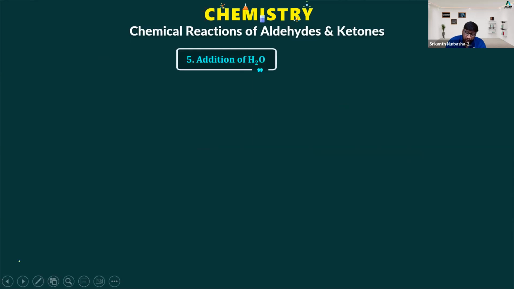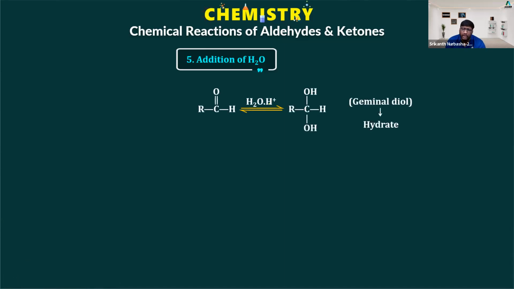Next set of reactions: addition of H2O. So far we have seen reactions with addition of HCN, NaHSO3, alcohols, and Grignard reagent. Now addition of water. If water is added to the respective aldehyde or ketone, what is going to happen? And again, is it a weak nucleophile or a strong nucleophile?